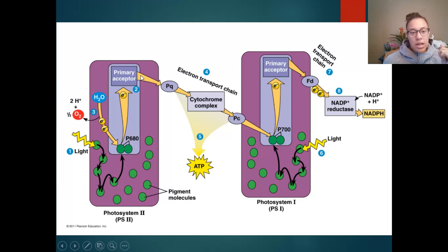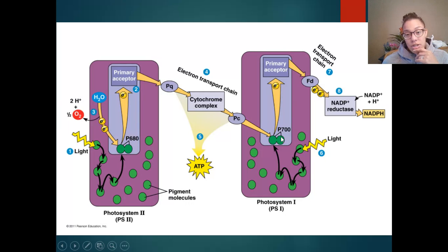So the hydrogen ions and our two energy-rich electrons go down the electron transport chain over here. They're going to drop off their energy as they pass through the electron chain. Those hydrogen ions are also going to be utilized in that process. And those electrons enter into photosystem 1.